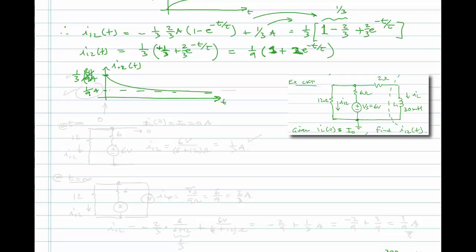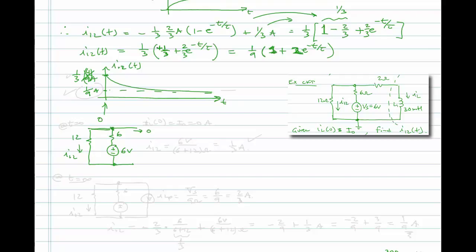And we can check this from looking at the circuit. So at time 0, the circuit that we have is, we have the 12 ohms, I12, and we have the 6 ohms, 6 volts, and then IL at this point is equal to 0. So we don't have to worry about IL.